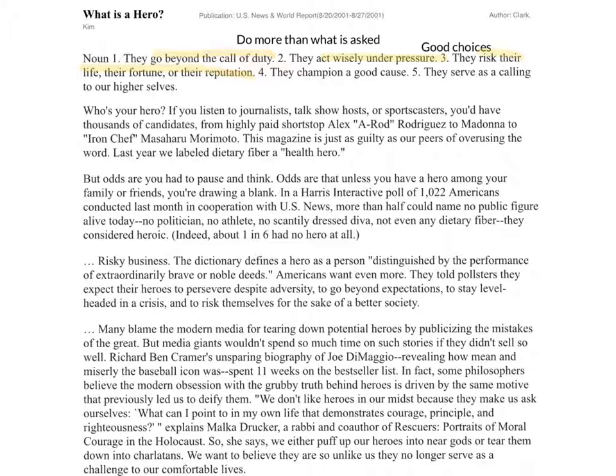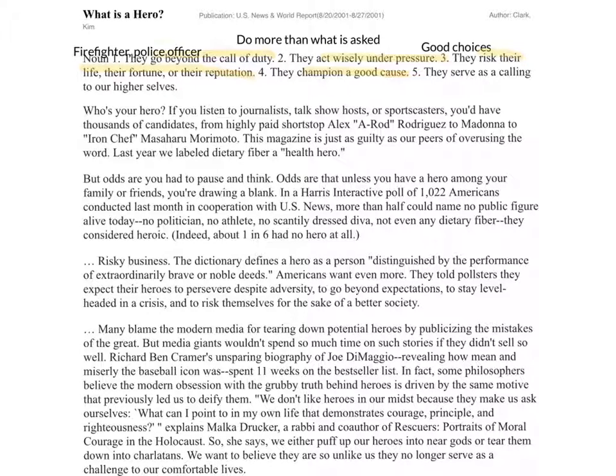They risk their life, their fortune, or their reputation. I immediately, when I think of that, I think about a firefighter, maybe a police officer. I'm sure you can think of other people that might risk their life or their reputation. So they champion a good cause. Champion a good cause. I don't really know what that means.